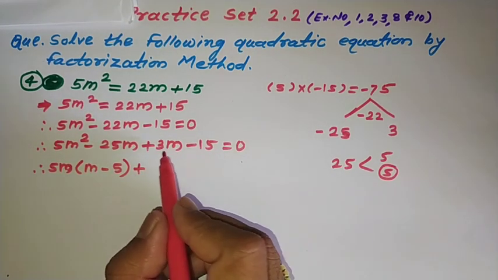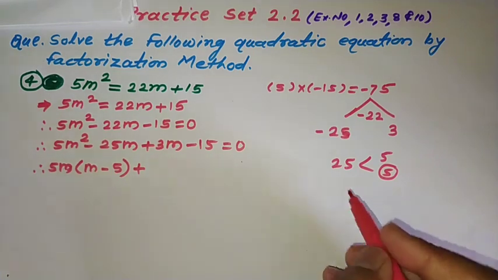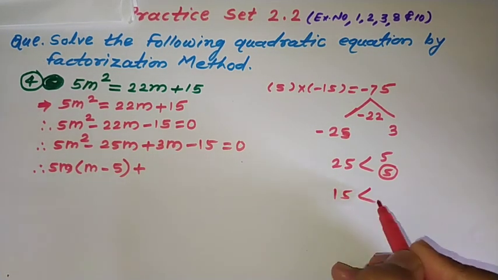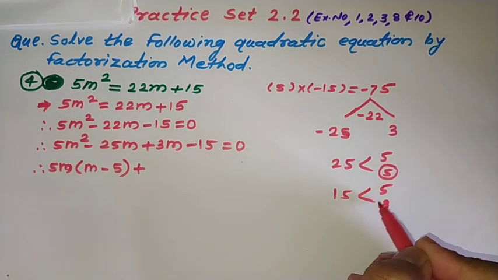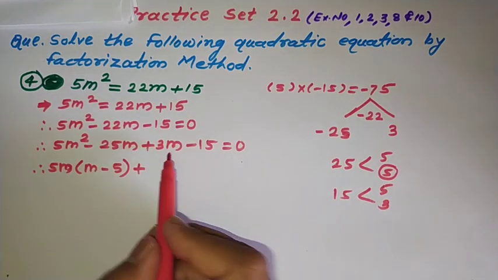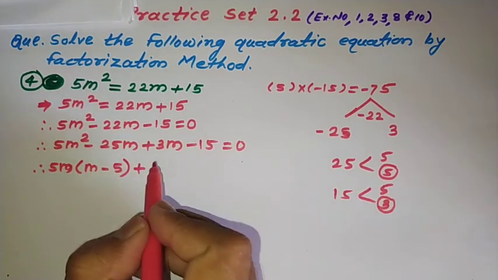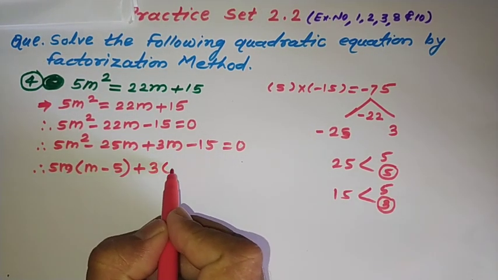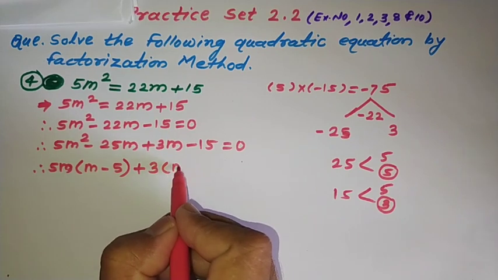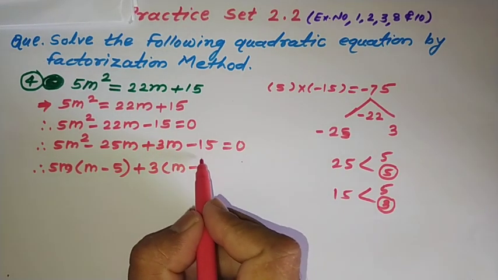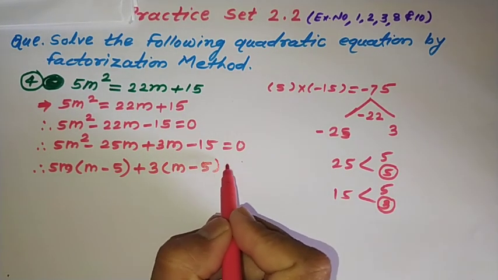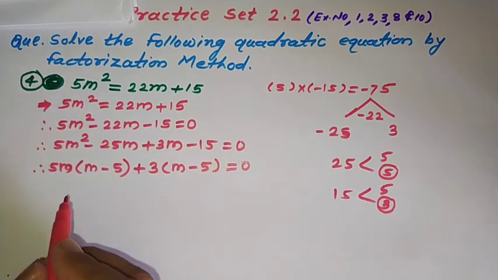Next two terms: 3m and 15, where 15 is 5 into 3. 3 is the common factor of these two terms. 3 is common, remaining m minus 5.